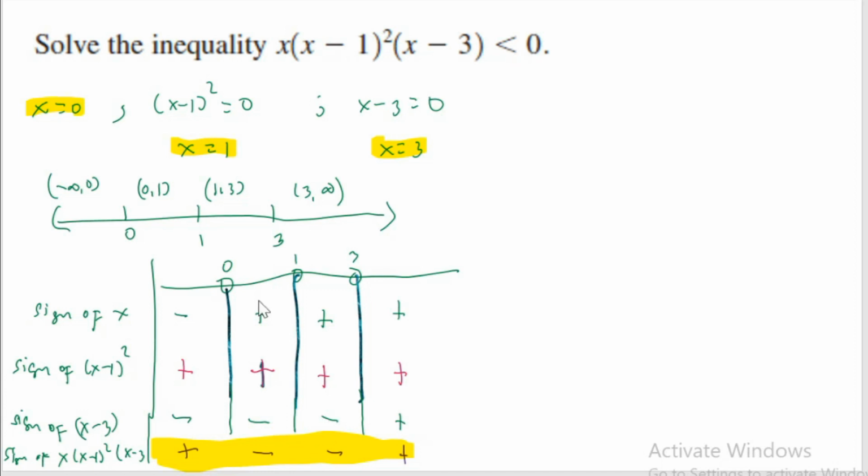So since there are two intervals, the solution set is the union of these two sets. So we have (0, 1) union (1, 3).